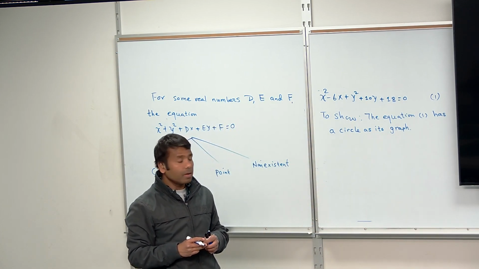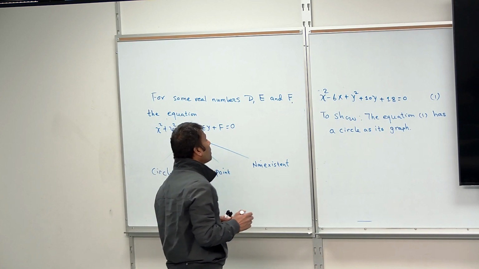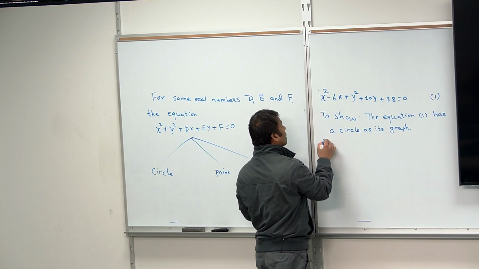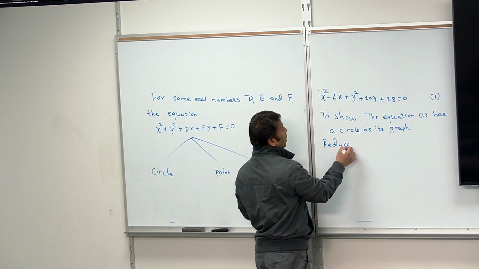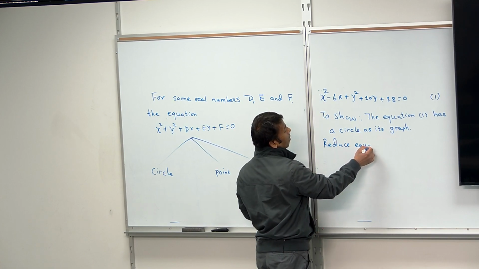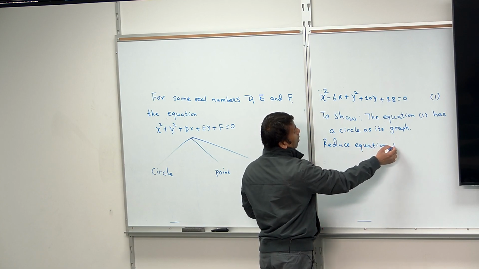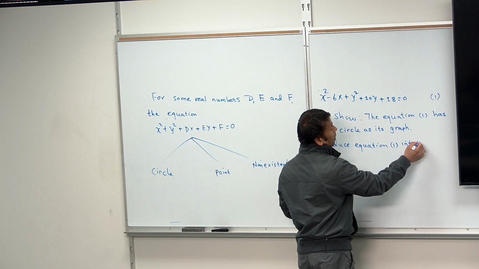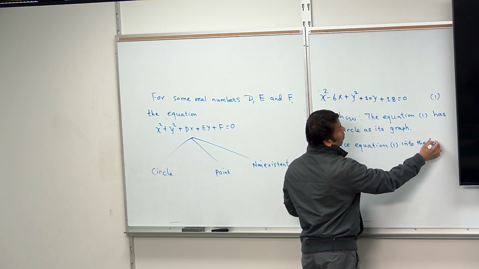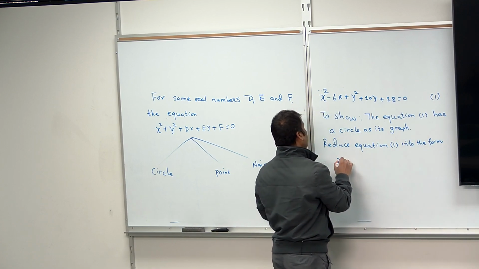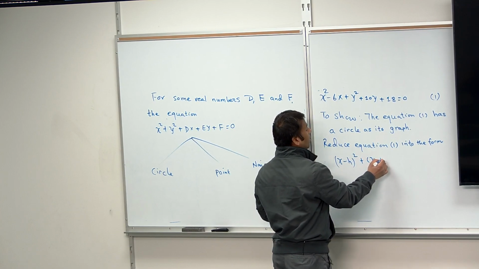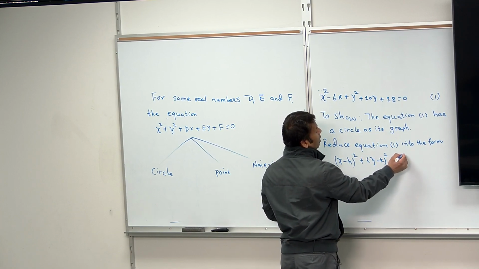Okay? So now that means we need to reduce this equation I into the form (x minus h) squared plus (y minus k) squared equal to r squared.